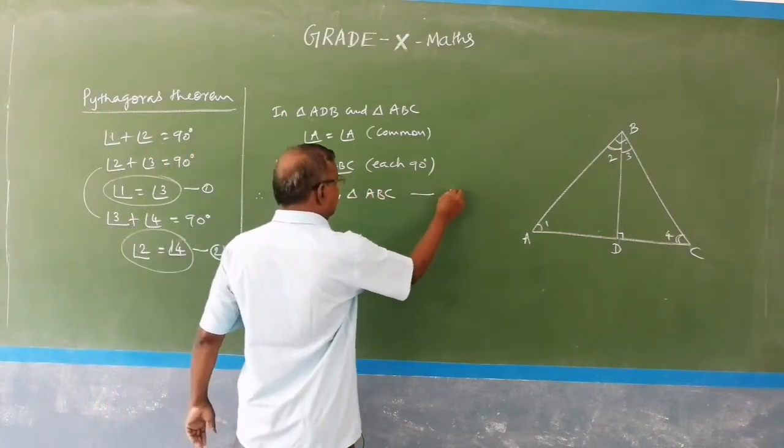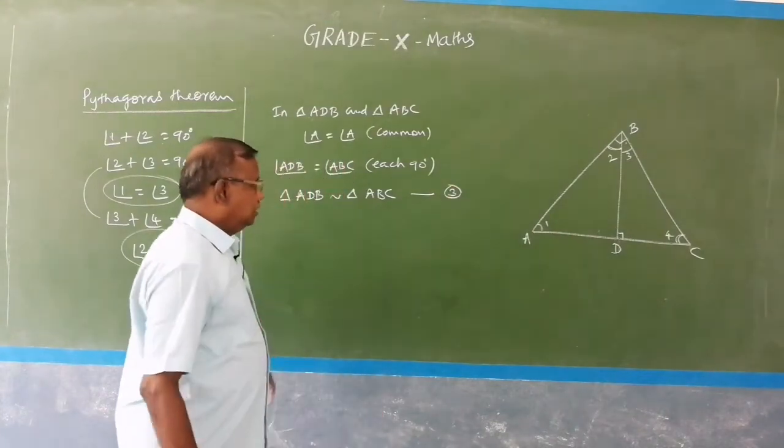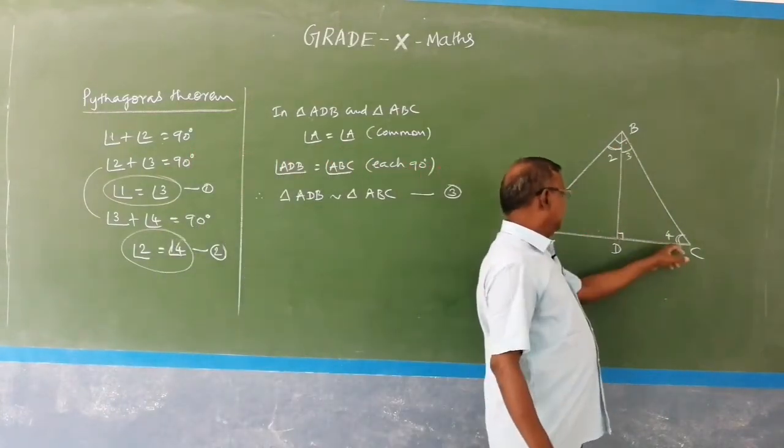So this is the third point. And consider the triangles BDC and ABC.